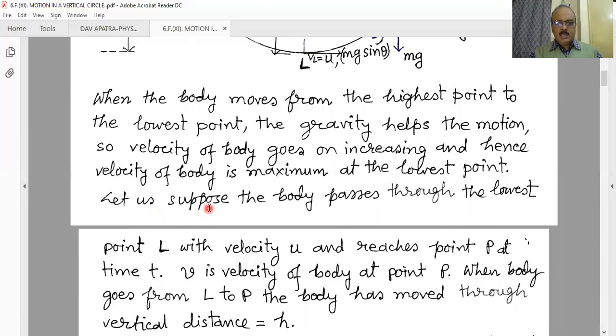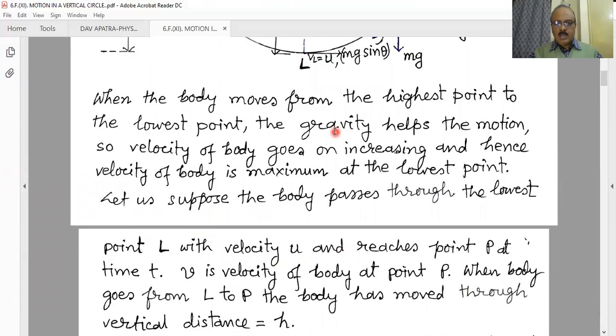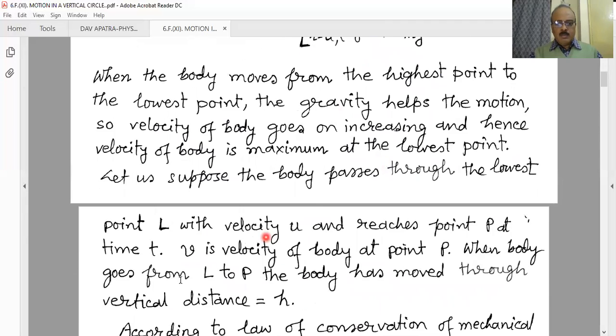At the point L, let us suppose the body passes through the lowest point L with a velocity u. That means at the lowermost point, L, the velocity V_L, let us suppose, is u. And now we have to find the velocity at any point P. Let v be the velocity of the body at point P, which is any point on this vertical circular path.